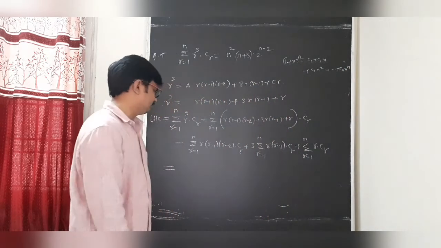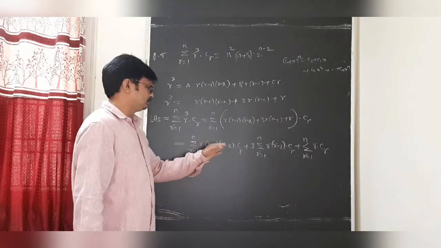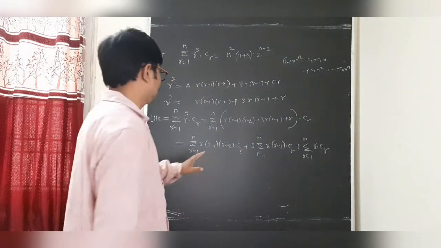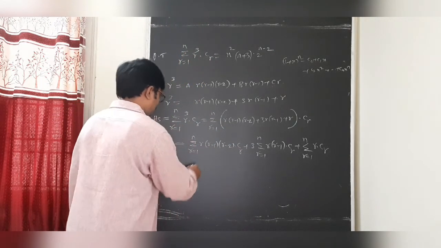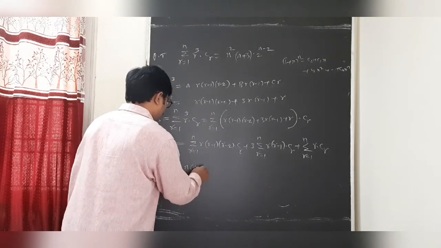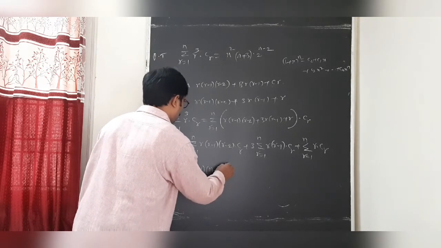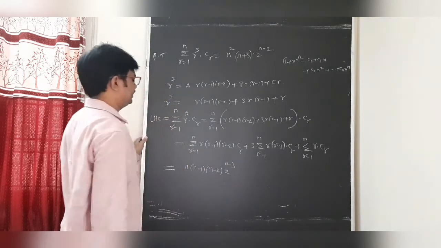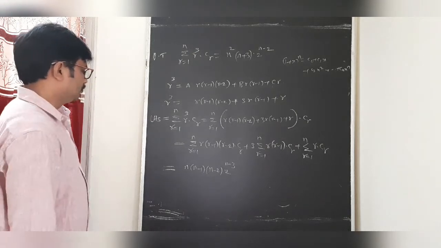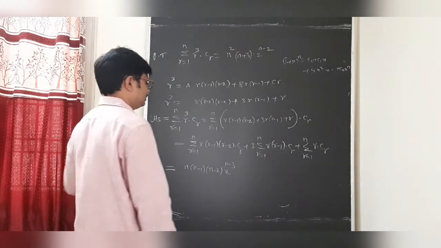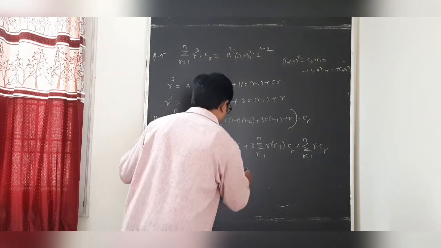We can take how many times? 1, 2, 3. 3 times of differentiation. What do we get? 3 times of differentiation gives n into n minus 1 into n minus 2 into 2 power n minus 3. Dear students, this is what we have to know.